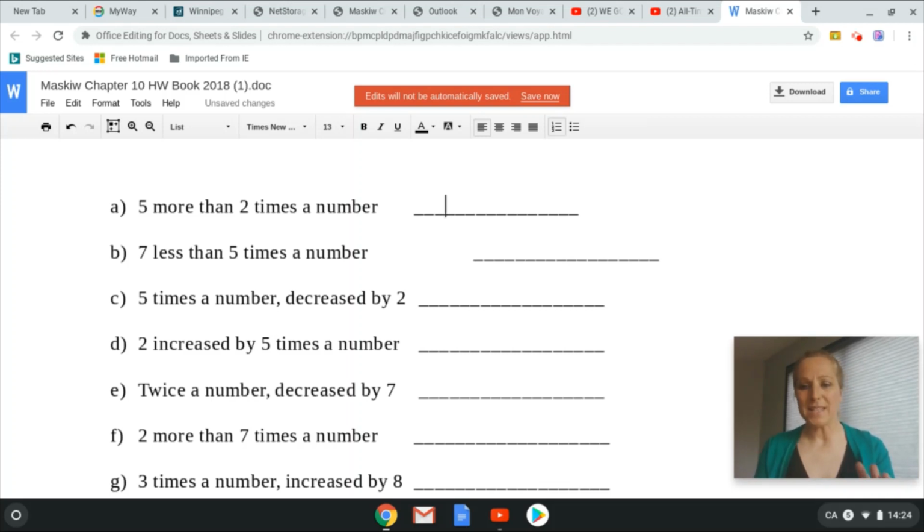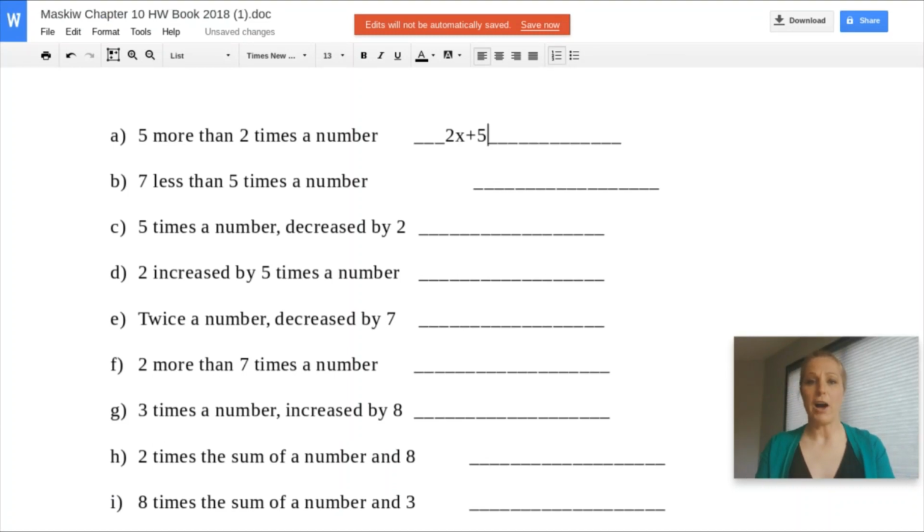I'm going to use x right now. So 2 times a number is simply going to be 2x. All right, so I've got 2x, and now I said at the beginning that I was going to add 5 to it. So I'm just going to add 5. So what I'm left with now is 2x plus 5. 2 times a number, and I add 5 more.